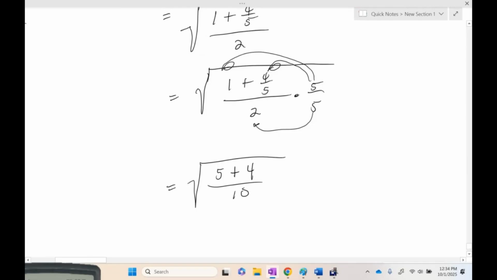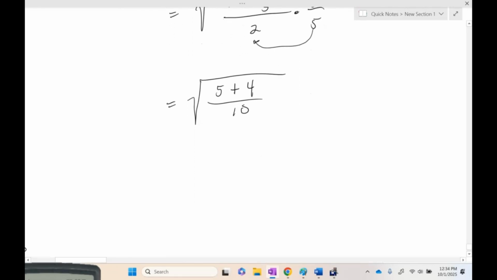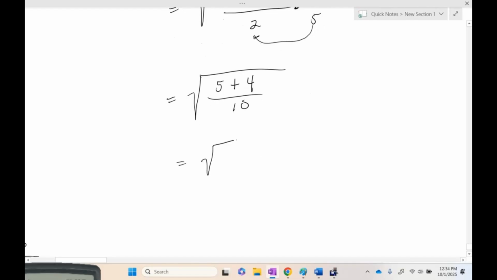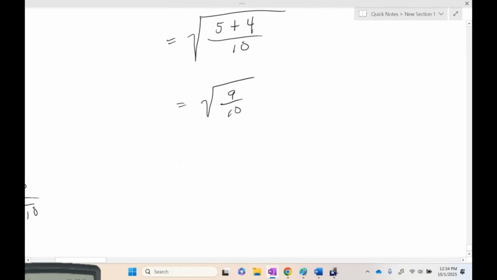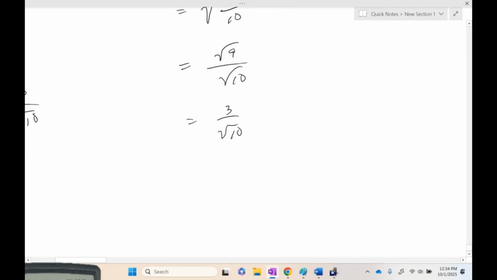And 2 times 5 is 10. So we get 9/10. I can use the quotient rule for radicals. I can separate that out as the square root of 9 over the square root of 10. The square root of 9 is perfectly 3. So I get 3 over the square root of 10.